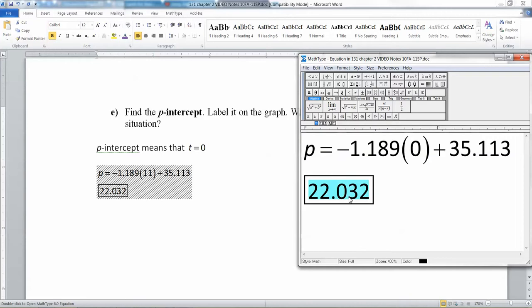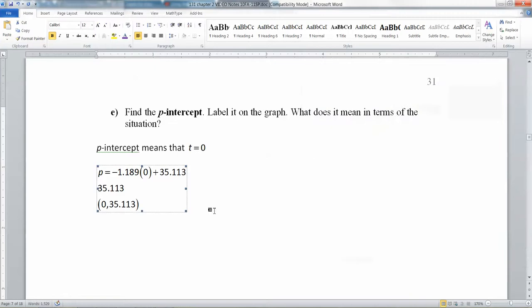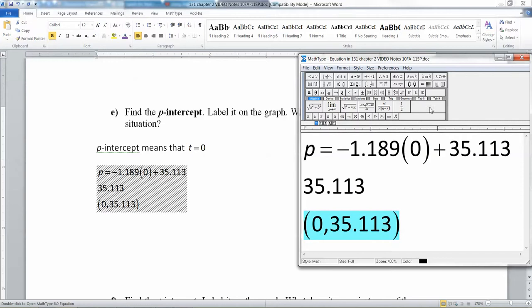And if you're paying attention, you might have noticed, oh, wait a second. The p-intercept has to be that back number. That's what we learned back in the day, right? That the p-intercept, the y-intercept, is what p is, right? The y-intercept is always that back number, 35.113, and this is y. So our p-intercept is 35.113.